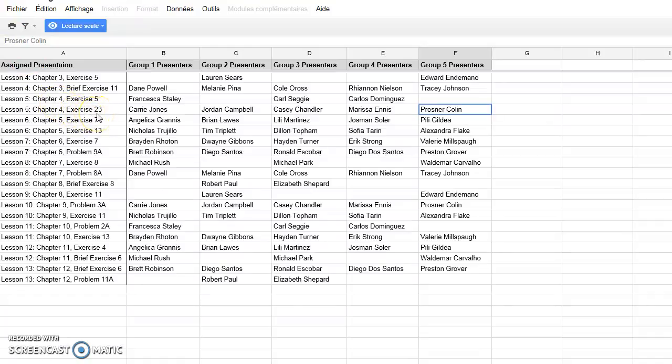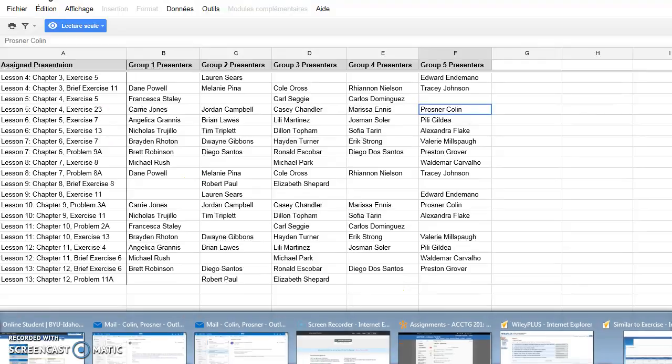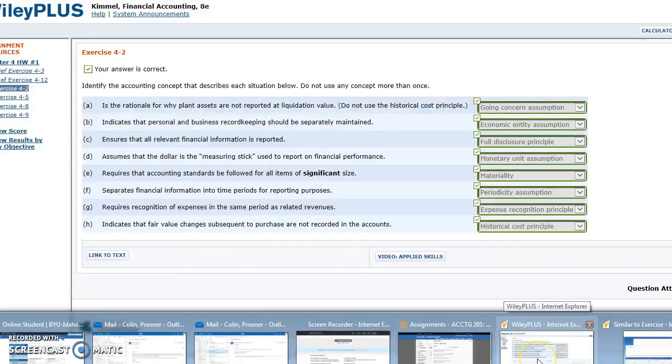So I will present you number 2 and 3, since I cannot find number 23 in chapter 4. So let's start with number 2.